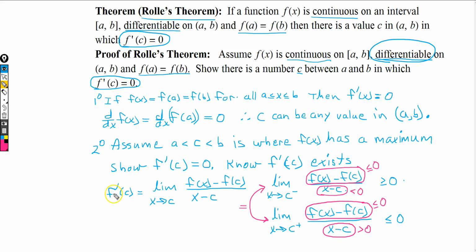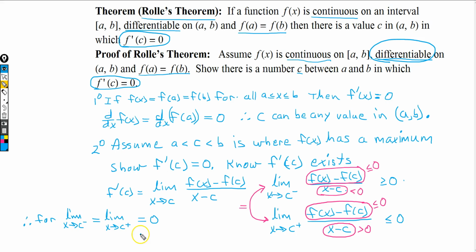So therefore, for the limit as x approaches c from the left to equal the limit as x approaches c from the right, for this to be true, they both must equal 0.